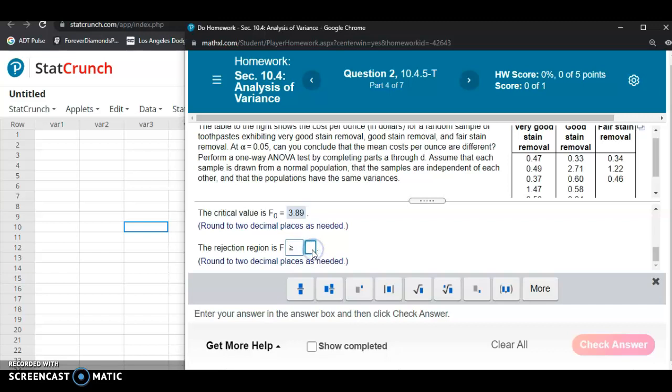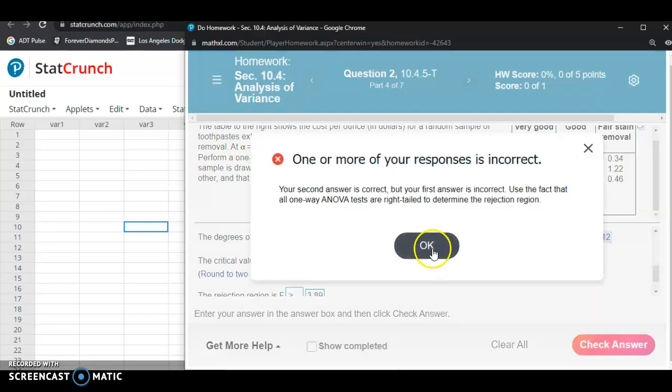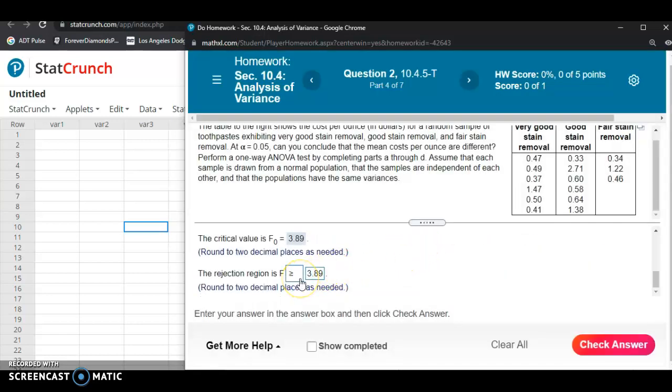So you're going to retype that value in. Okay, so not doing very well here. So again, if it's not greater than or equal to, it's greater.